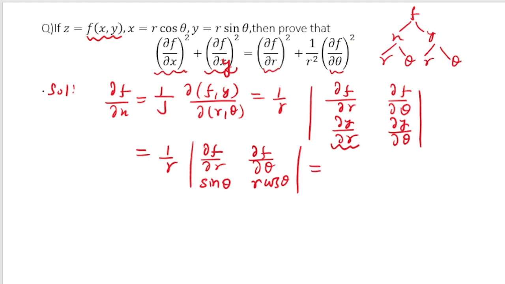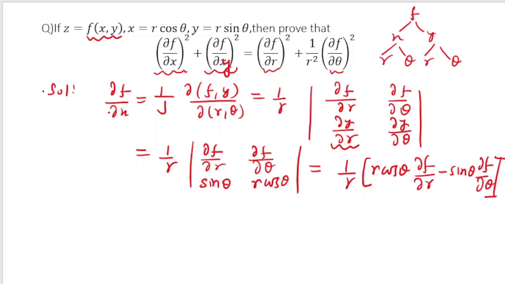If I simplify, I get 1/r times (r cos θ ∂f/∂r minus sin θ ∂f/∂θ). So this is what I have got for ∂f/∂x.